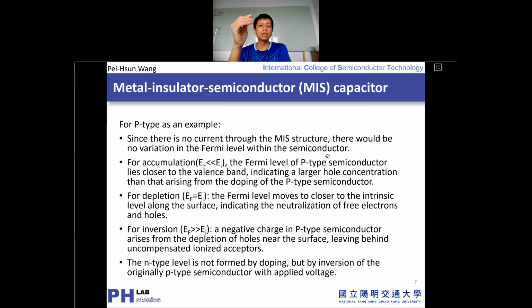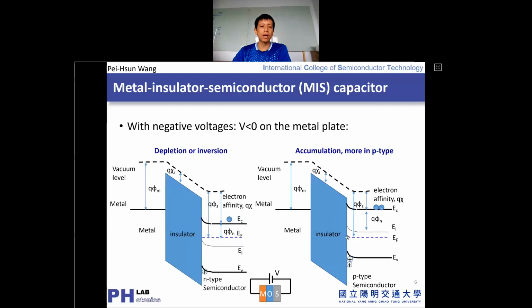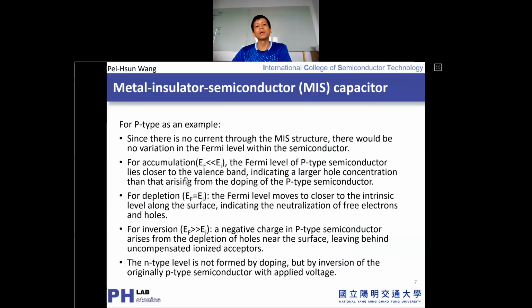So since there's no current flowing through the metal insulator semiconductor process, as we previously mentioned, the insulator seems to be a perfect one, so there will be no variation from the level within the semiconductor. So under these schemes, the Fermi level seems to be a flat one without any difference. Okay. And then for accumulation, in a p-type system, do we want to have more holes along the surface?